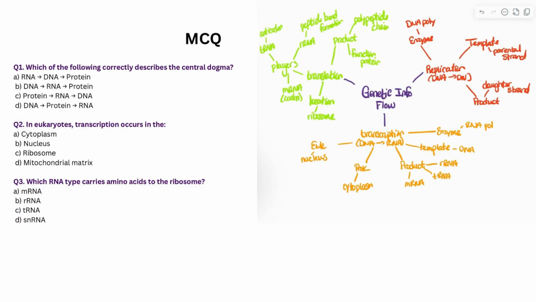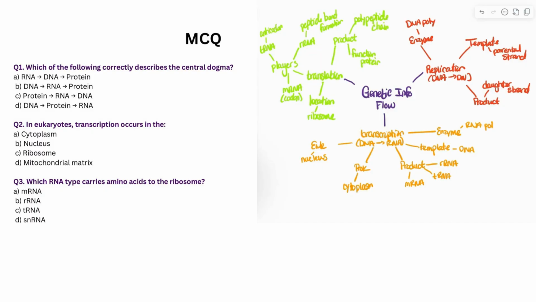We have the multiple choice questions. So we have number one, which of the following correctly describes the central dogma? A, B, C, or D?